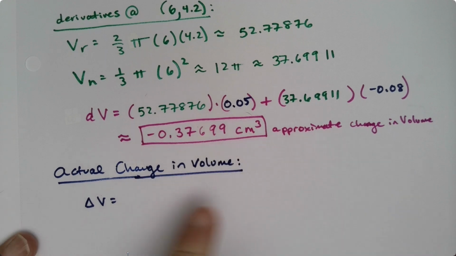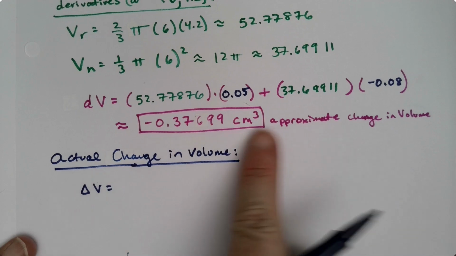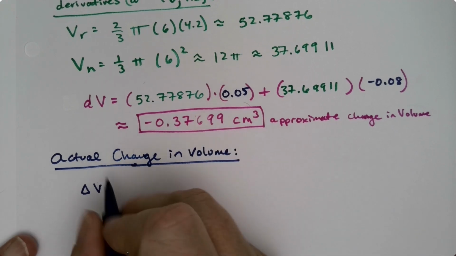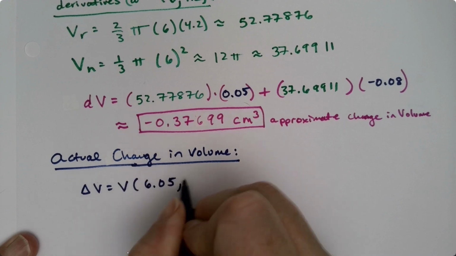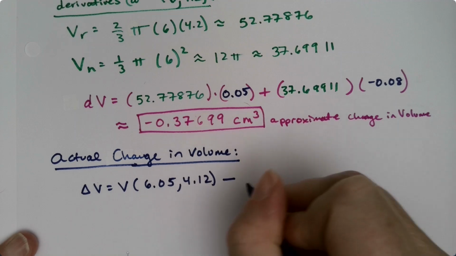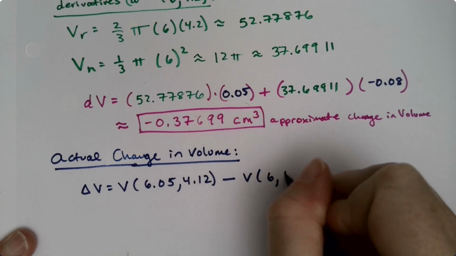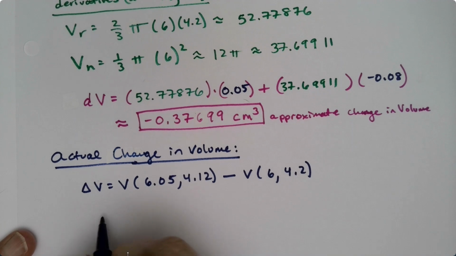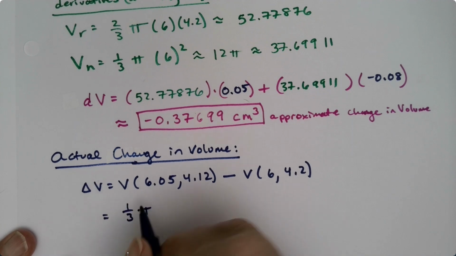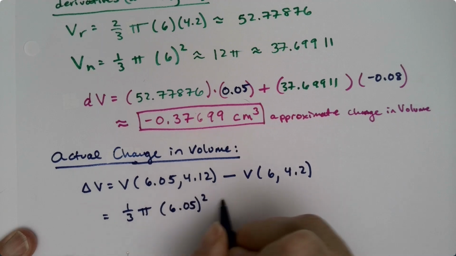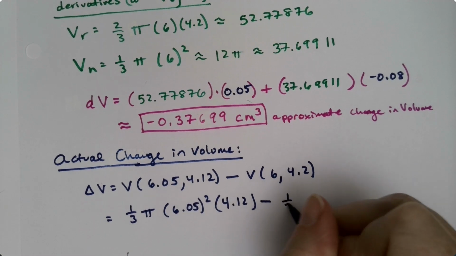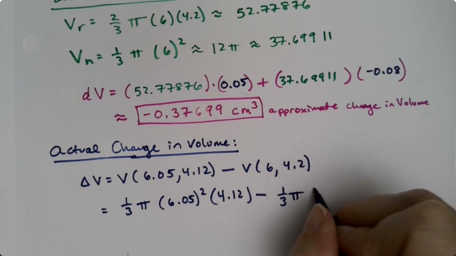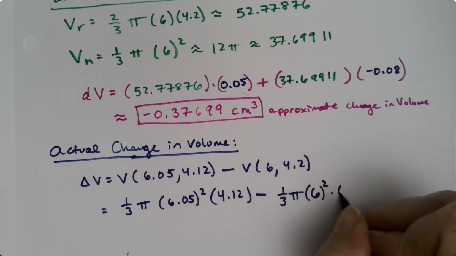Because all the work up above is trying to get the approximate change in volume, which we have. So the actual change in volume was V of 6.05 comma 4.12 take away V of 6 comma 4.2. That'd be 1/3 pi times 6.05 squared times 4.12 minus 1/3 pi 6 squared times 4.2.